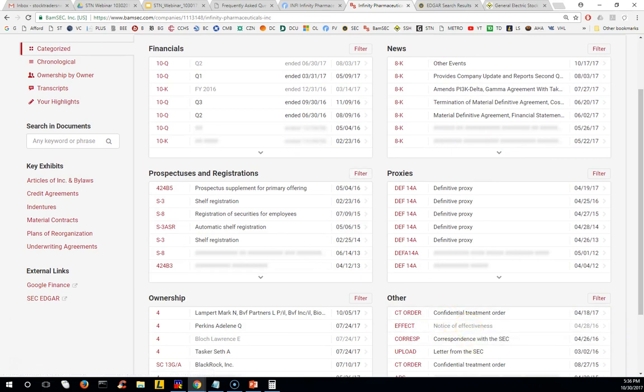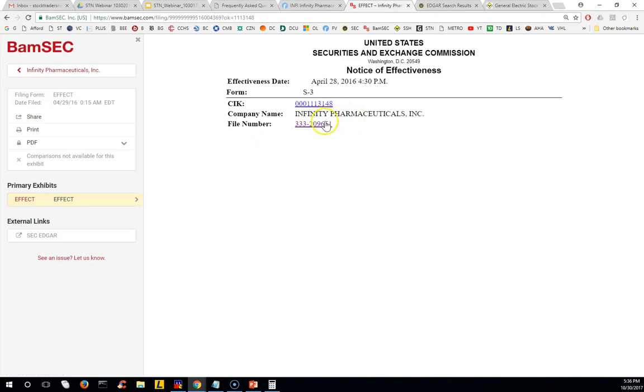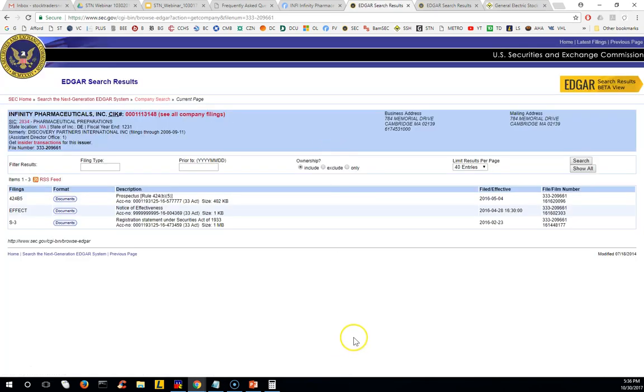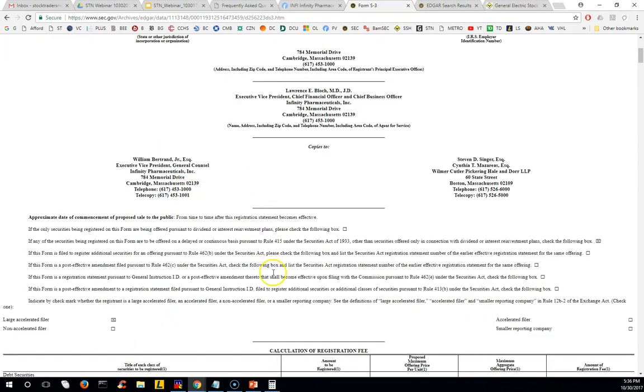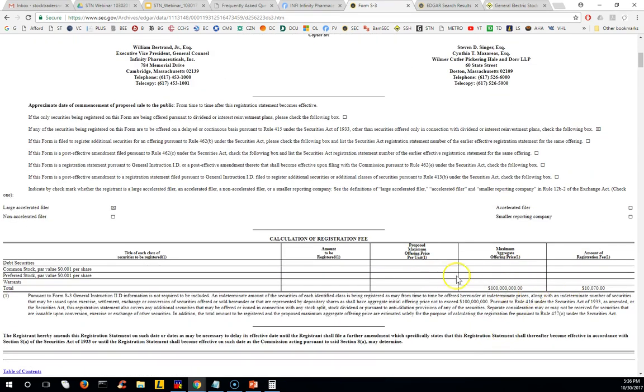Any tips on how to find any untapped outstanding shelf within the filings? I think what he's asking is, of that effect, what is possibly left on the remaining shelf. So I first look at the S-3, right? This is the aggregate shelf of $100 million in our example.